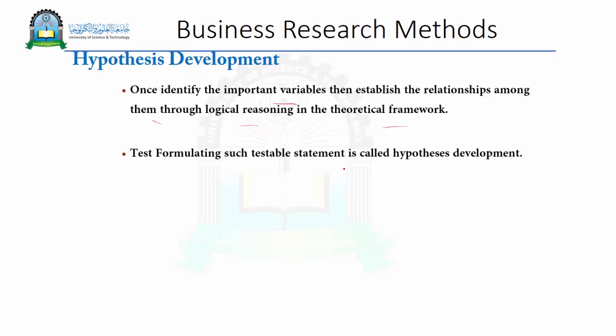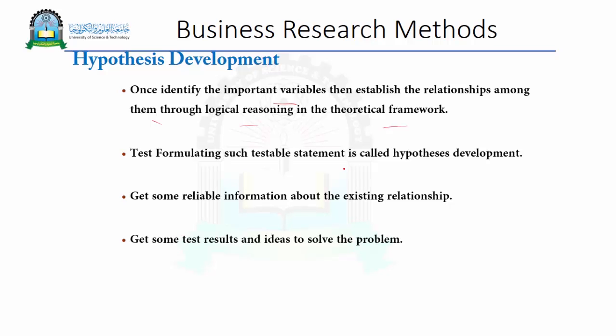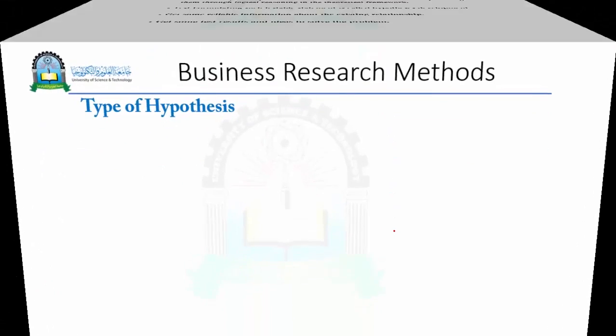So we develop the hypothesis dependent on the theoretical framework, and then we get reliable information about the existing relationship. We get the information from previous studies, of course, in the literature review, give some test results, an idea or ideas to solve the problem.